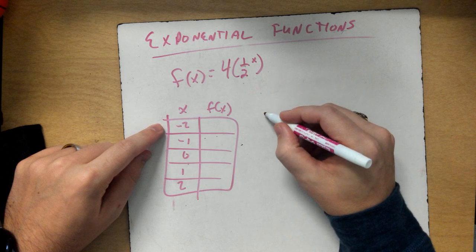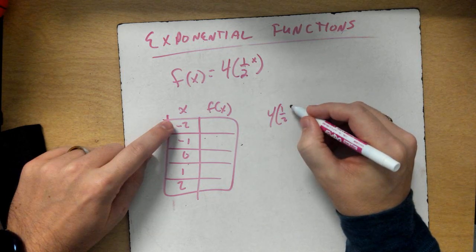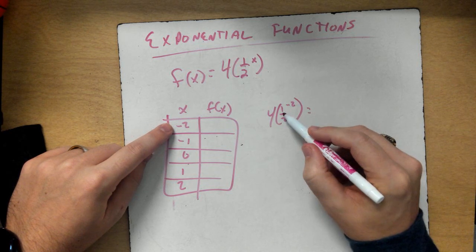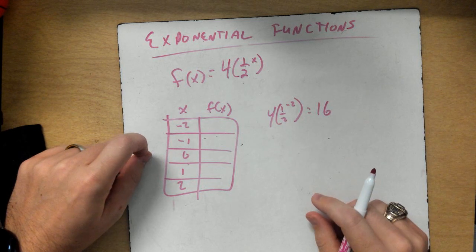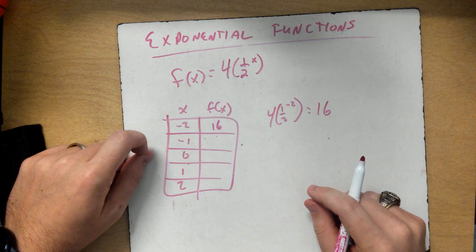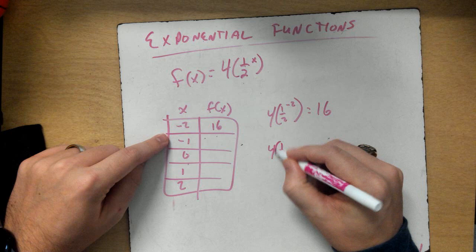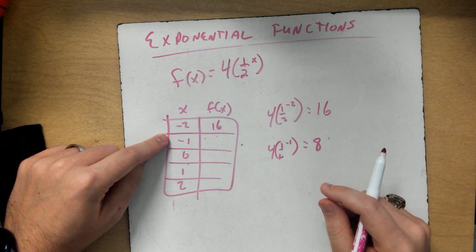So I have 4 times 1/2 to the -2nd power. When I solve this, this is going to equal 16. And then I'm going to do 4 times 1/2 to the -1st power. That's going to give me 8.